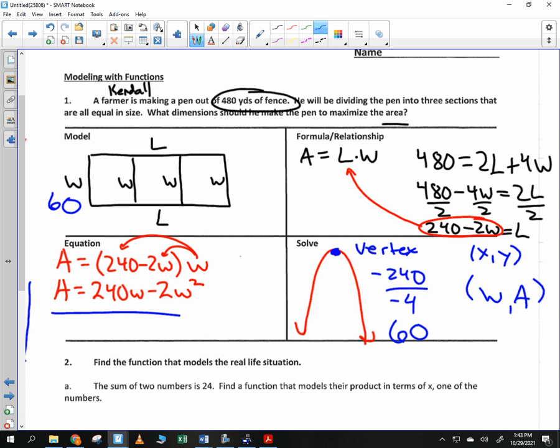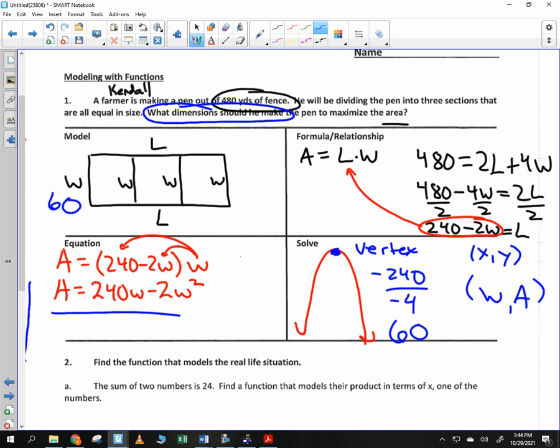What does the question ask us to find? Dimensions. It asks us to determine the dimensions. What dimensions should he make in order to maximize the area? Is it actually asking what the maximum area is, or is it asking what the dimensions are? Dimensions. So I've got which dimension? Width. I need the length.